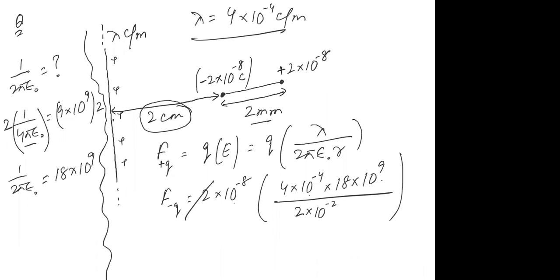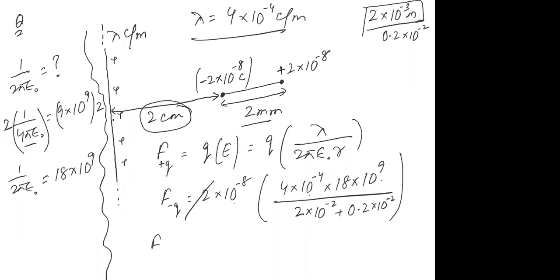This is 2 millimeter. If you convert it into meter, it will be 2 into 10 to the power minus 3 meter. How can you write it? You can even write this as 0.2 into 10 to the power minus 2, if I'm not wrong. Is it clear? Yes, sir.